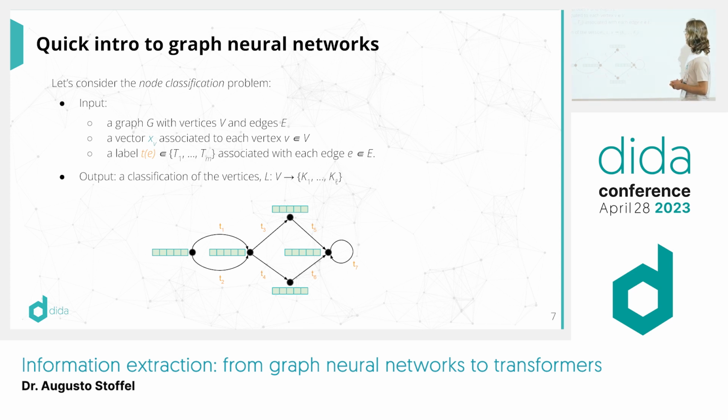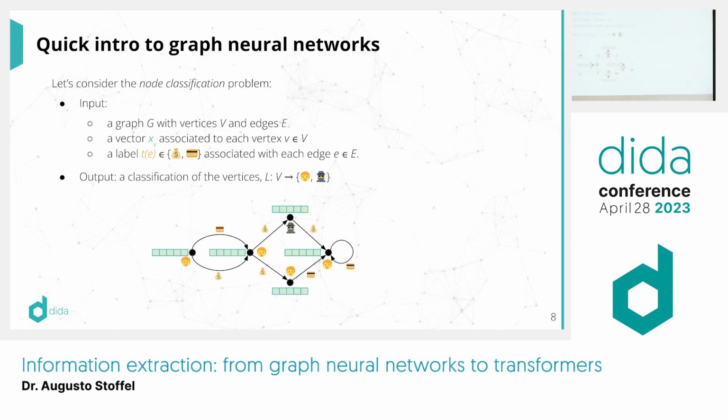And what we might expect out of our system is to classify the nodes or vertices into one of L fixed categories. One simple example: maybe this graph represents some people and financial transactions that they made. In this case, our labels for the edges would be, was this transaction in cash or card?